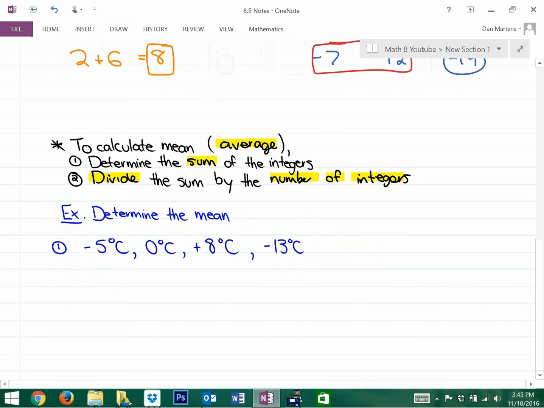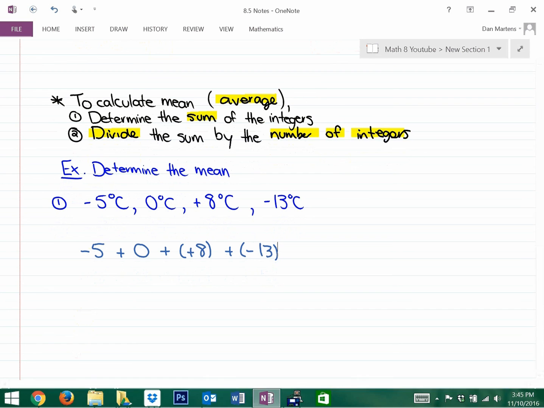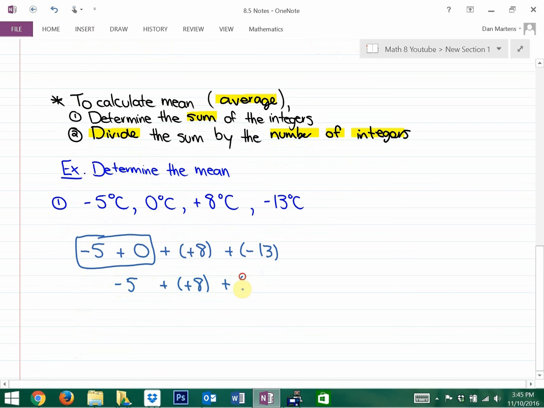So in this particular question, we are going to be calculating negative 5 plus 0 plus positive 8 plus negative 13, and maybe just do one of these at a time. Okay, so negative 5 plus 0 is negative 5. Negative 5 plus positive 8.